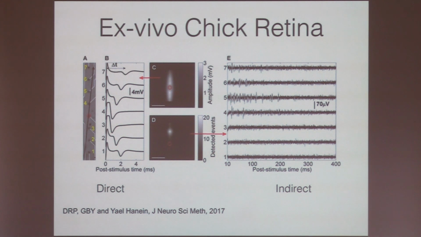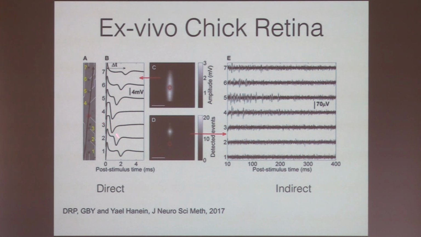The retina can be removed entirely and placed against the electrodes, and then we can stimulate at a specific region and record the electrical activity away from the electrode. The nice thing that we see with the specific model that we're using, the chick embryo retina, is the time latency.